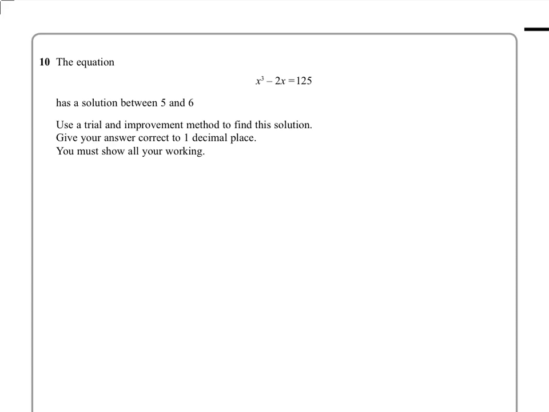If we put 5 in here as x, then we'd have 5 cubed minus 2 times 5. And what would that be? Well, you can use a calculator here. You'd have 125 minus 10, which would be 115. Then I would try 5.1 personally, because that was reasonably close.